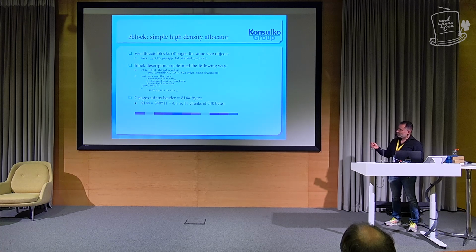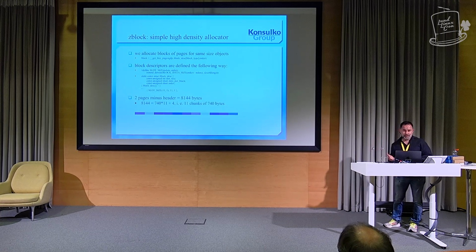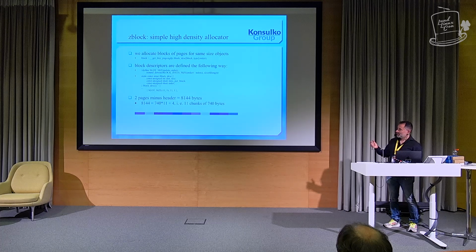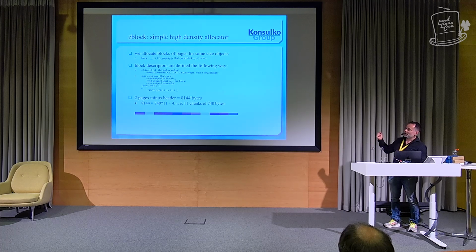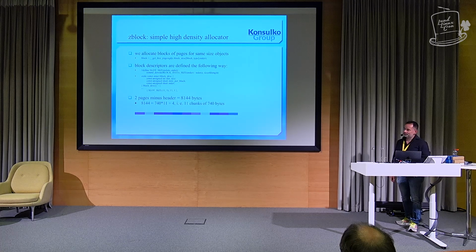At the same time, there will be no objects spanning across the blocks. So we will always deal with one block at a time, which is very important because in this case we don't really get the fragmentation that ZSmalloc is having.